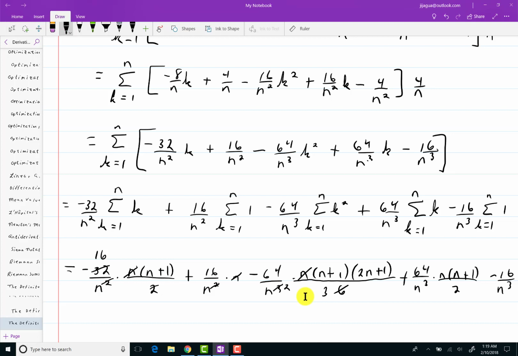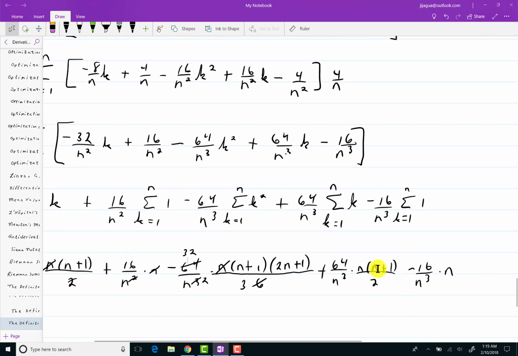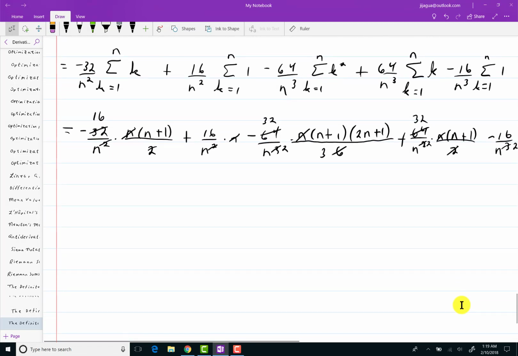Cancel 2 out of the 6, make it a 3, and make the 64 into a 32. I can take an n from here and make that into an n squared. The 2 goes into 64 32 times, and I can finally take an n out of the 16. Alright, let me rewrite it with the simplifications made.